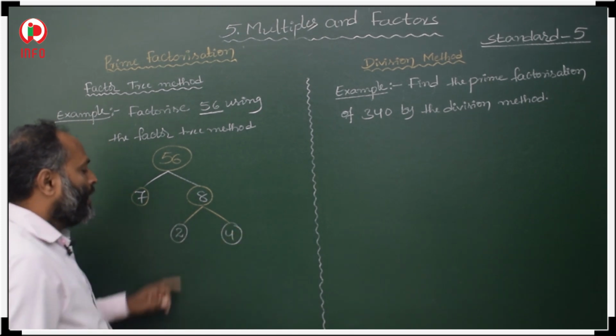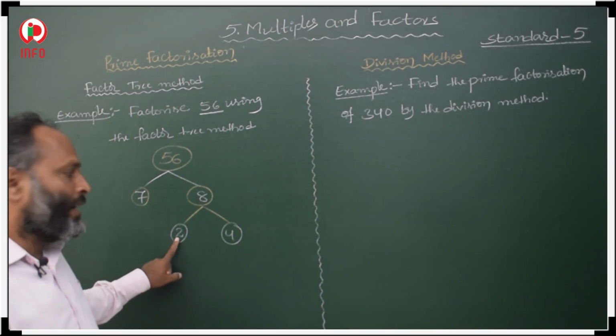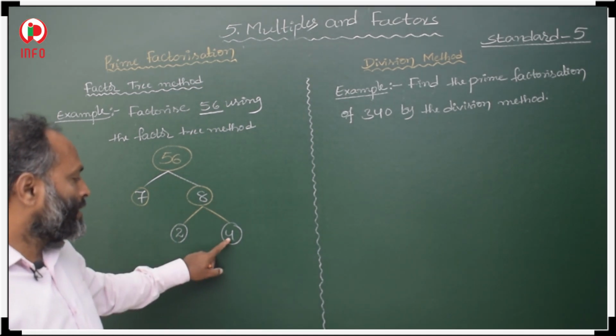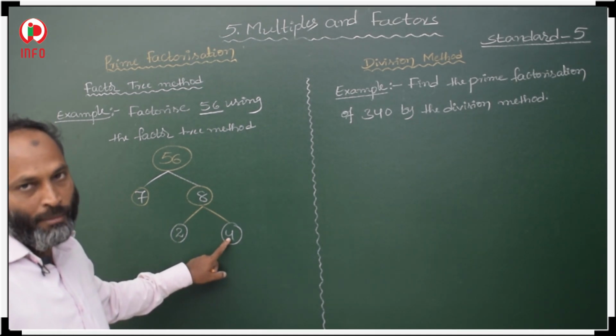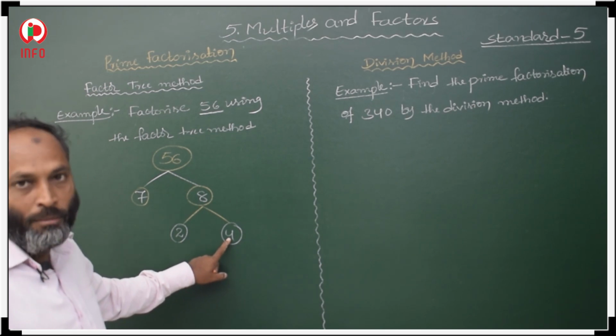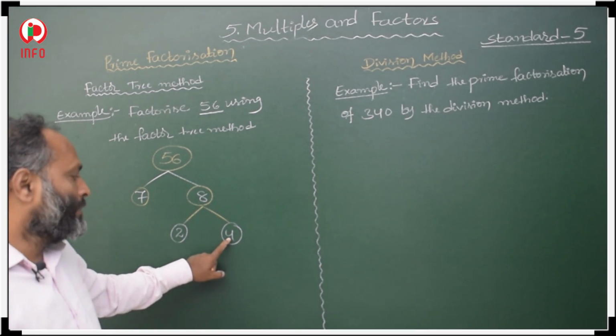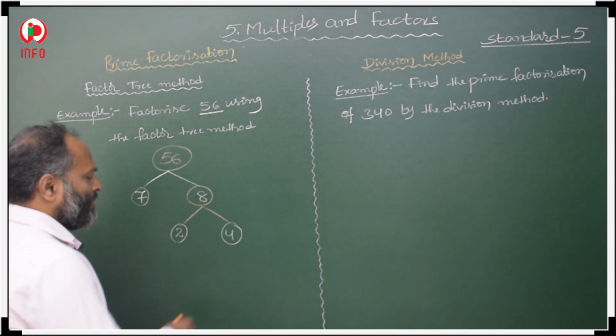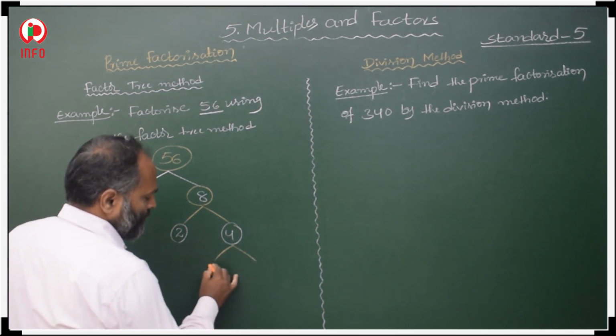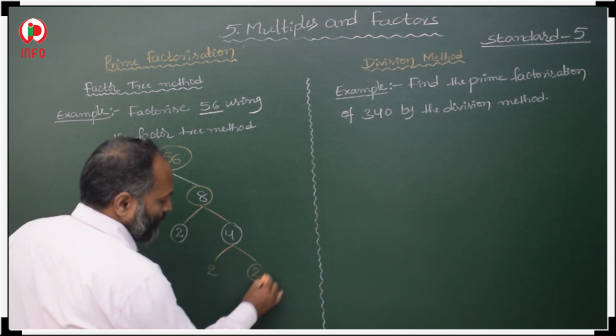Here 2 is an even prime number, we can't split it. This 4 is a composite number, so we split it again: 2 2s are 4.